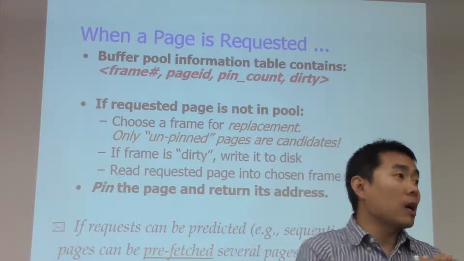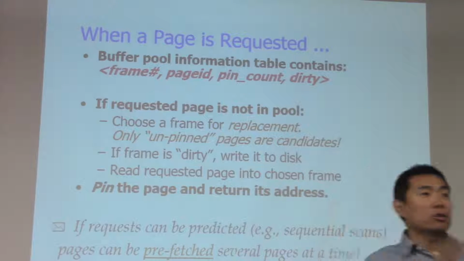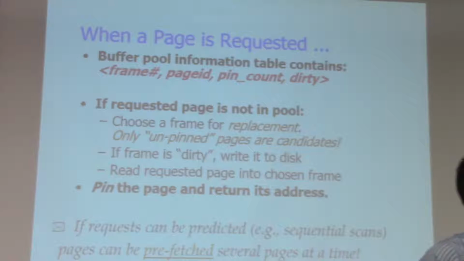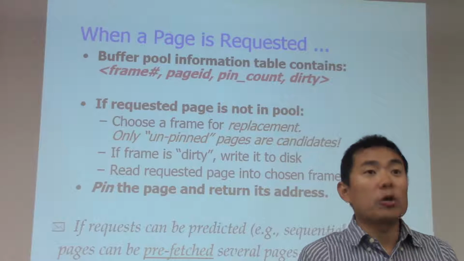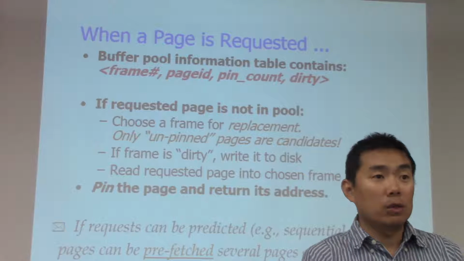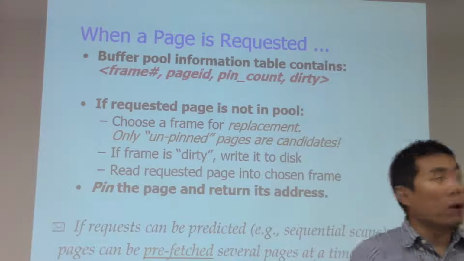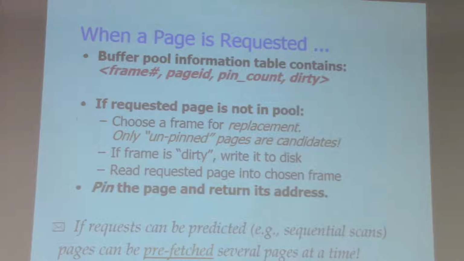And that's where buffer replacement policy comes into the picture. Different buffer replacement policies will determine which page to be replaced when you have multiple of them with pin count equal to 0. Okay? That's what we're going to talk about next, buffer replacement policy.